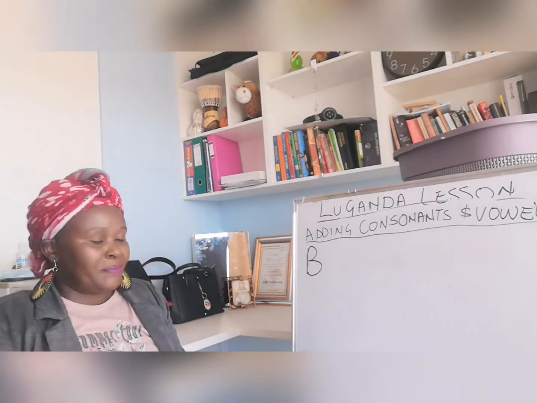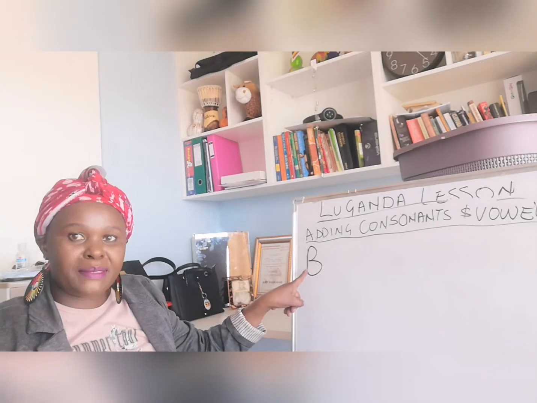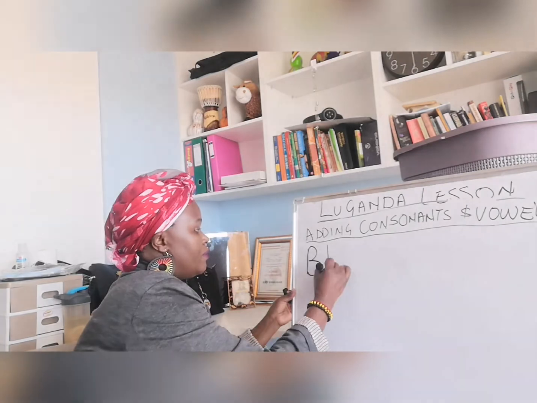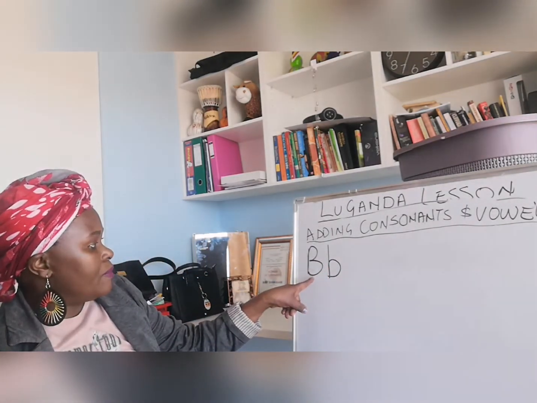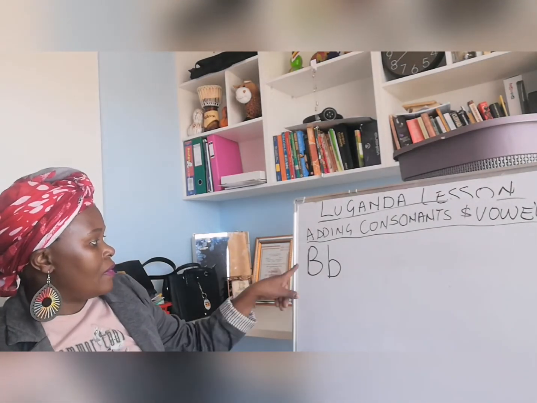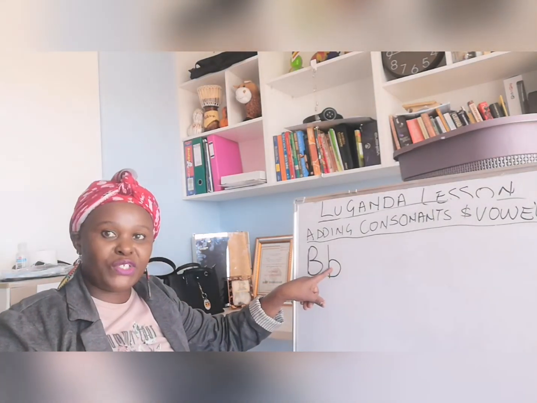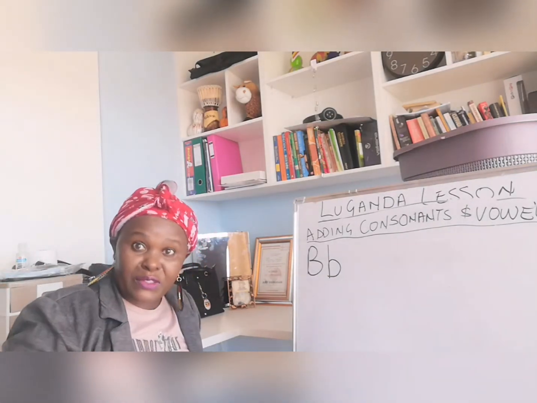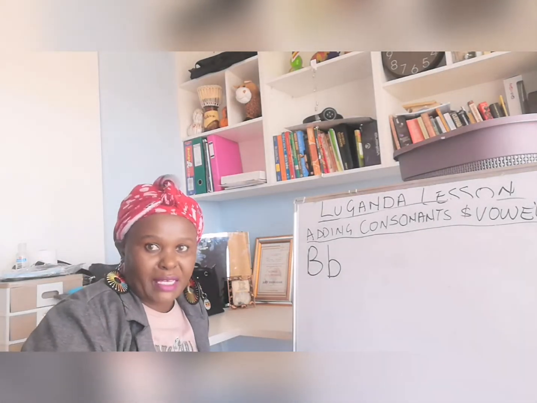Ba is B in English. This is the capital ba and the small ba. So let's use our vowels to add on this letter and see the sound we make.